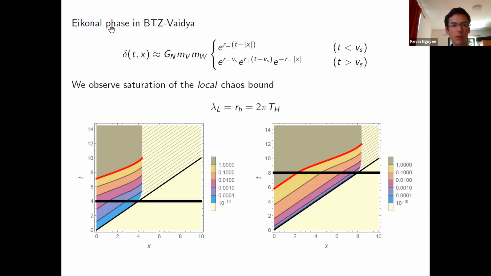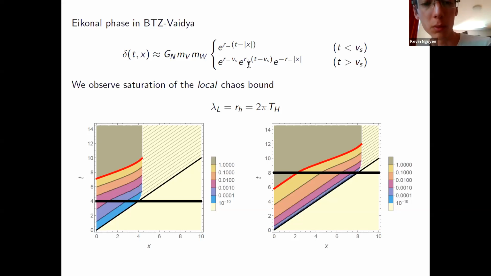So here is the approximate result. You can find a more complete expression in the paper. Basically, you see that before energy injection, where Vs is the time of energy injection to the system, you recover the thermal result. That's good. But if you look after the energy injection, you find this modified expression. If you look at the time dependence, you see that the Lyapunov exponent is basically the late time temperature.